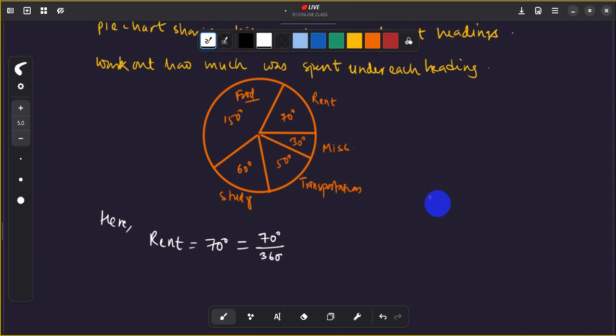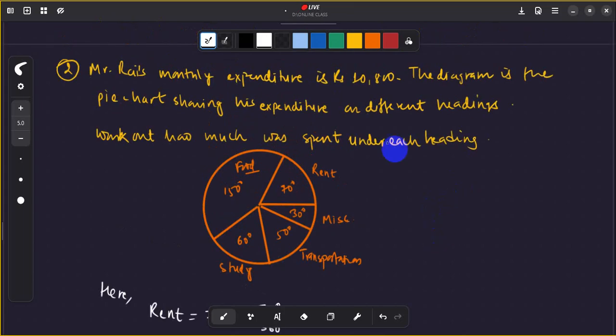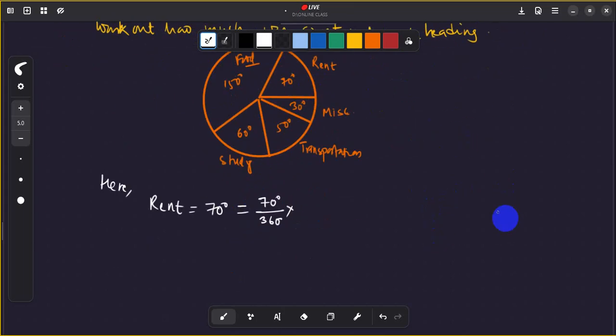Now to convert this into amount, what is our total amount? The total expenditure is given here as 10,800. Now we need to multiply by 10,800. This will convert the angle into amount.